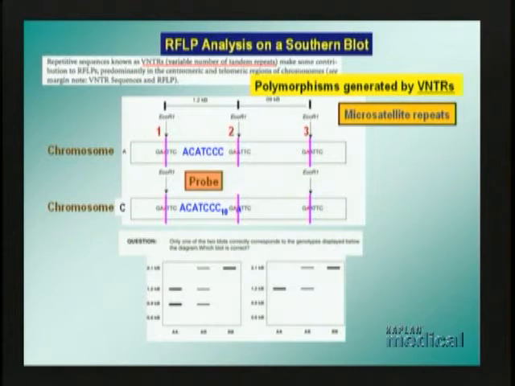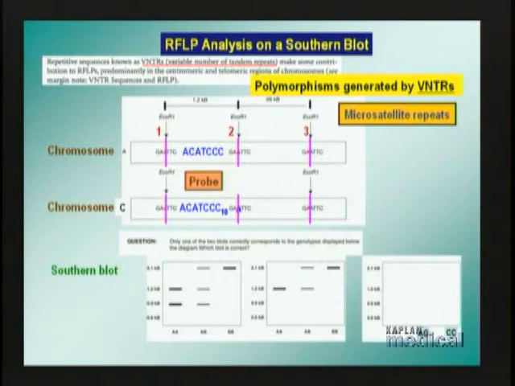Now, if we have some probe that will recognize this fragment coming from chromosome A as well as chromosome C, what would the southern blot look like? So here on the lower right is going to be a southern blot. If someone has a genotype AA, what would the banding pattern look like? In that case there'll be two overlapping bands at 1.2 kb in size.